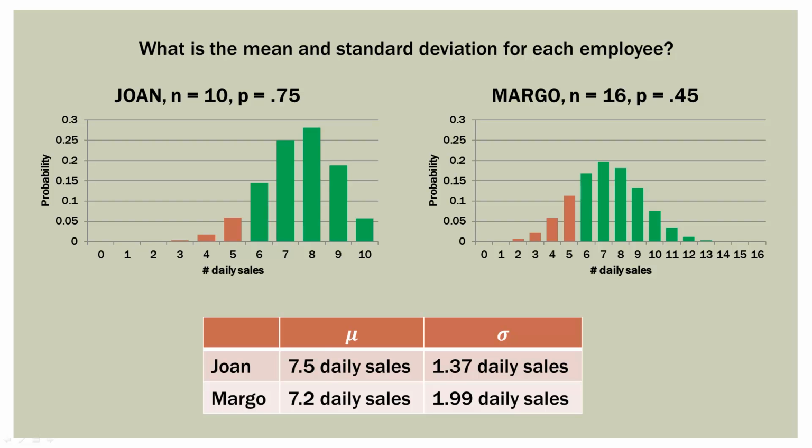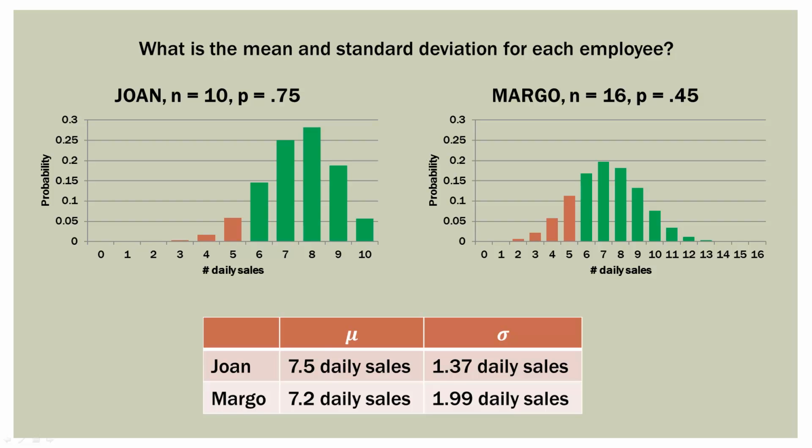Now, if you look at her standard deviation, 1.37 daily sales, we didn't do it in this graph because it would make the graph messy, but you can think in terms of one deviation away from 7.5 in each direction, and maybe two deviations away from 7.5 in each direction, and so on. And you can see that almost all of her daily sales fall within plus or minus 3 deviations.